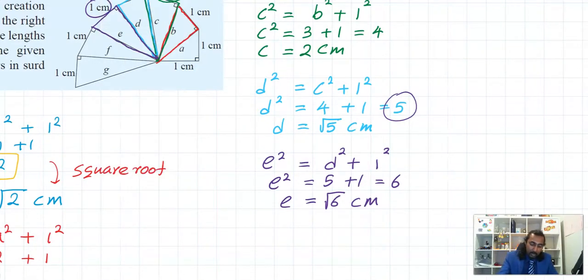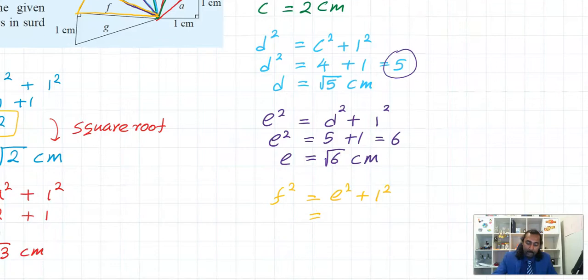Let's go with yellow. This particular triangle, we know the diagonal is F to be found. So F squared is equal to E squared plus 1 squared. That gives you 6. I know E squared is 6. We found that.